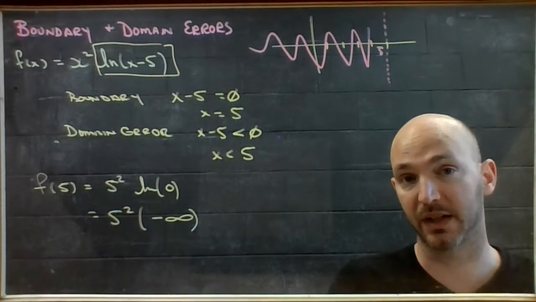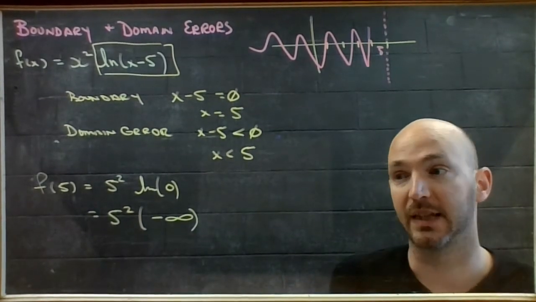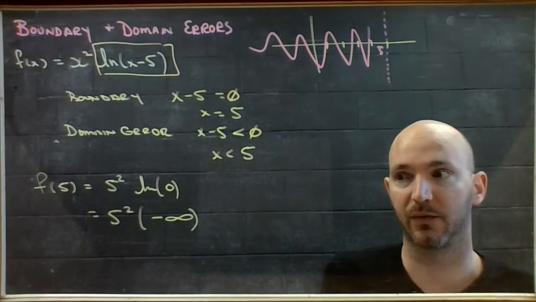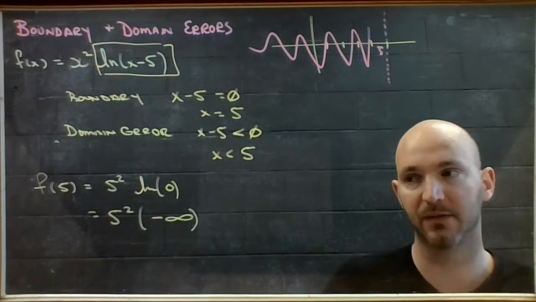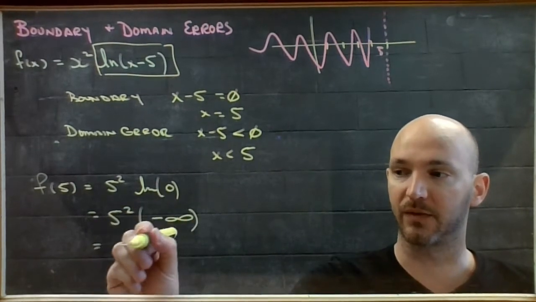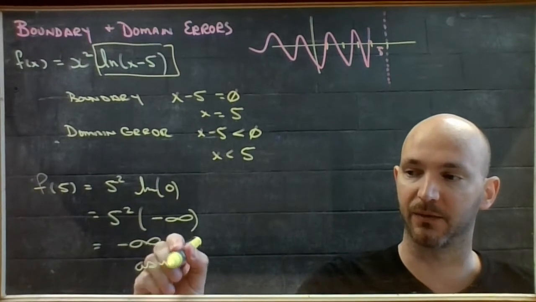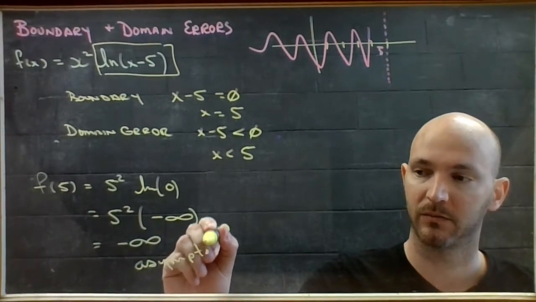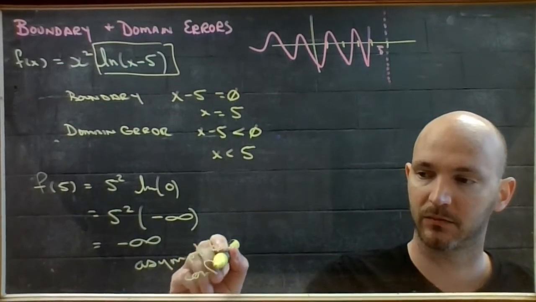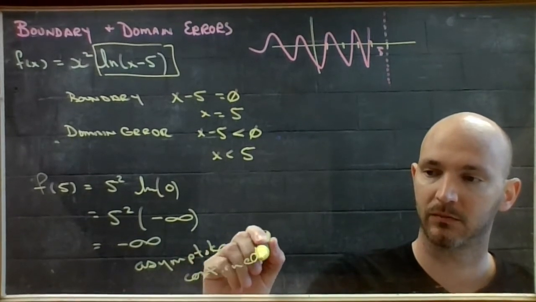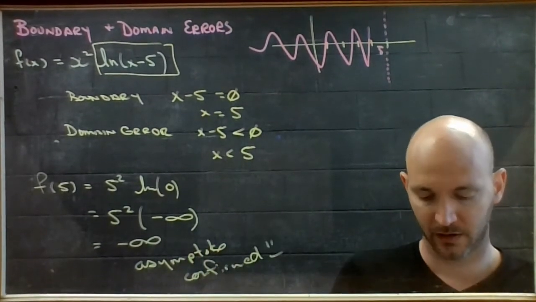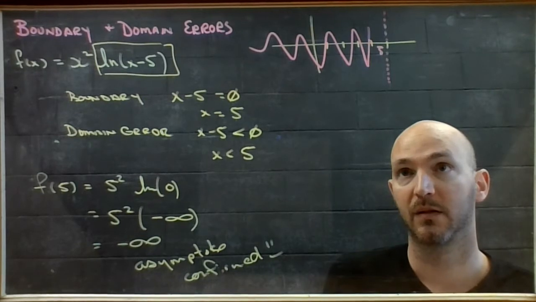You look at this particular thing, and you see that that is not an indeterminate form. 25 times infinity would be negative infinity. So your asymptote is confirmed. Smiley face. All right. Good.